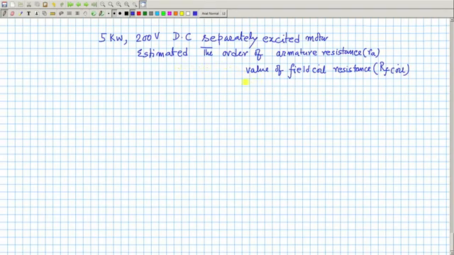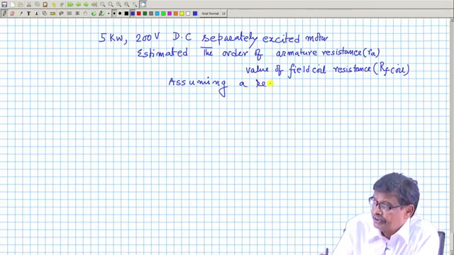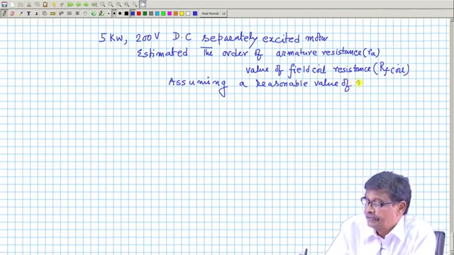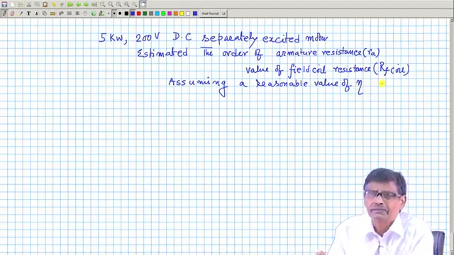Based on what? Assuming a reasonable value of efficiency of the machine, say 80%, we assumed.